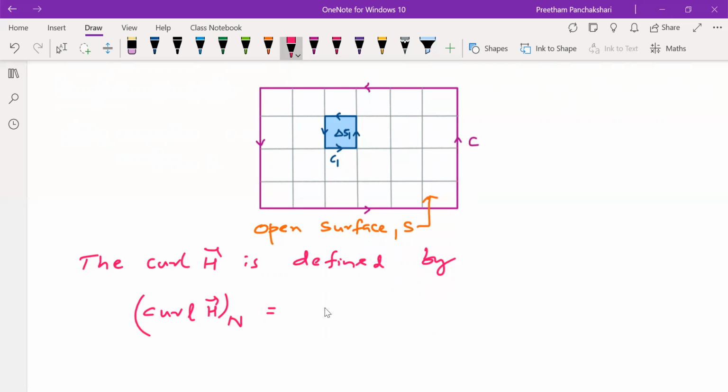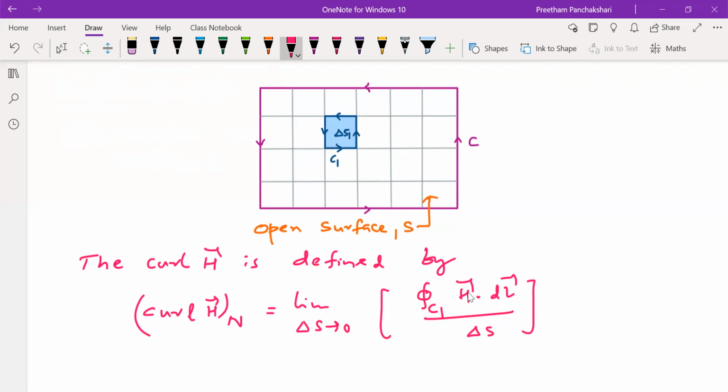The normal component of the curl H is defined by the limit, the incremental surface delta S tending to 0, of the closed path integration of H, that is called the circulation of H, divided by delta S. Delta S is the incremental area and delta S is enclosed by C1. So that's why the closed path is C1. So this part, the closed path integration over C1, is called circulation.